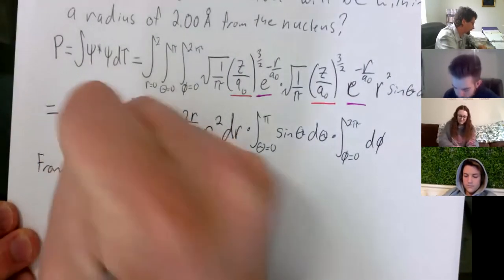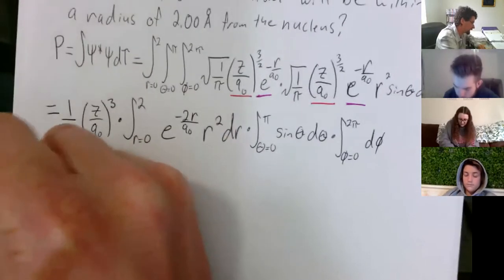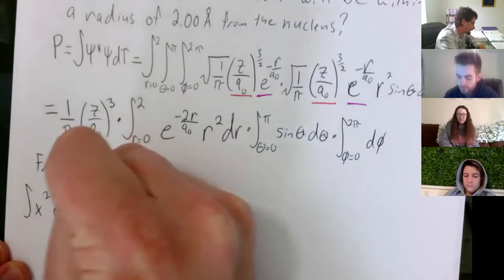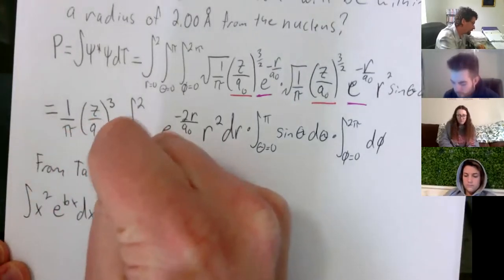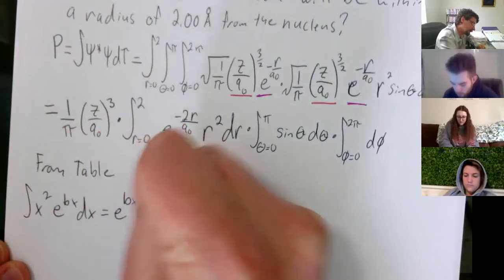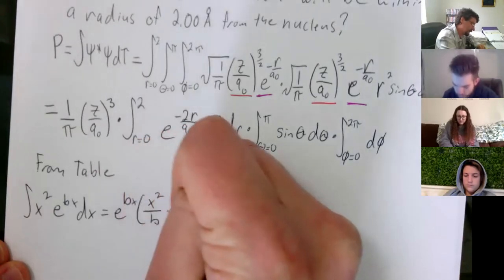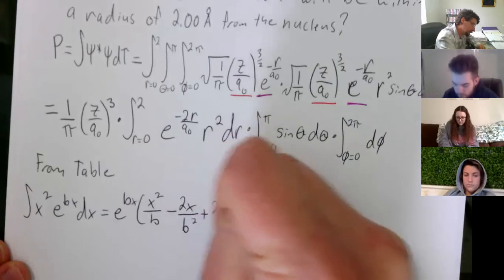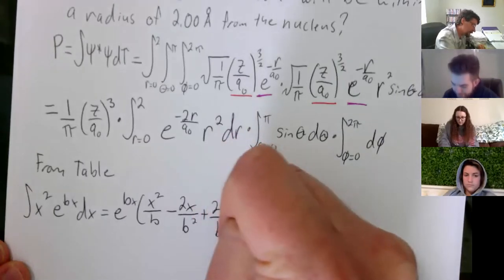From the table, we got the integral of x squared e to the bx dx is equal to e to the bx times x squared divided by b, minus 2x divided by b squared, plus 2 divided by b cubed.